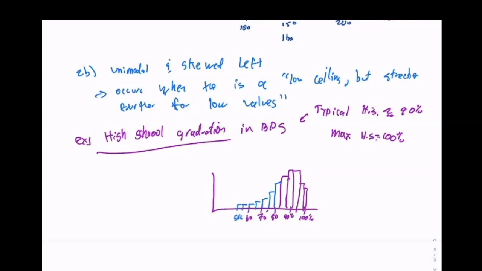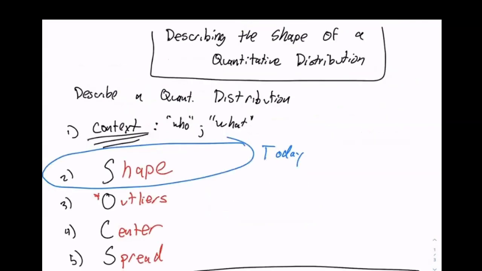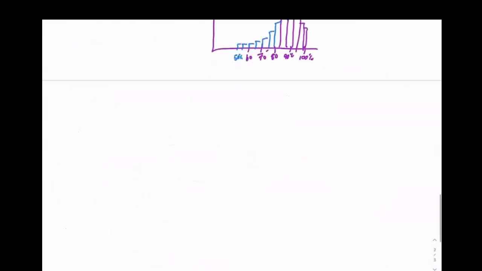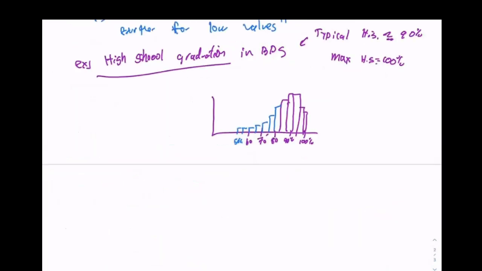So when you talk about skewed, typically what you think of as typical, for skewed left, means that it's very close to the maximum. But the minimum might stretch out a lot further. The minimum here wouldn't be 0%. People have to graduate, so we'll say the minimum is something like 50%. That's the lowest high school graduation rate in Boston.